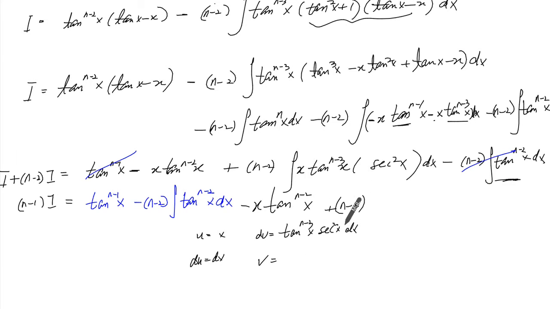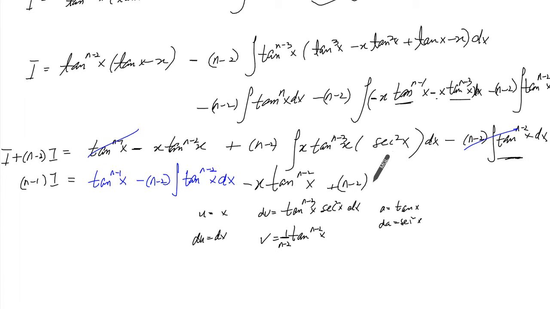Now if you do substitution here, let's say a equal to tangent x, then this becomes a to the power of n minus 3. So the antiderivative of that is going to be a to the power of n minus 2. So it's going to be tangent of n minus 2 x times the reciprocal. And this right here is dA. So it turns out pretty simple.